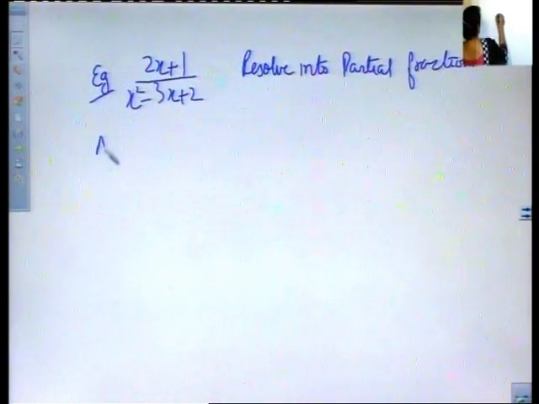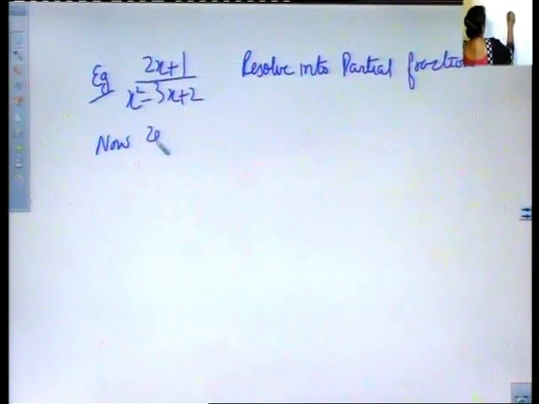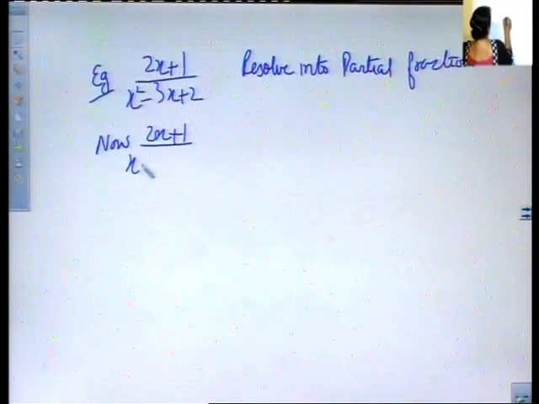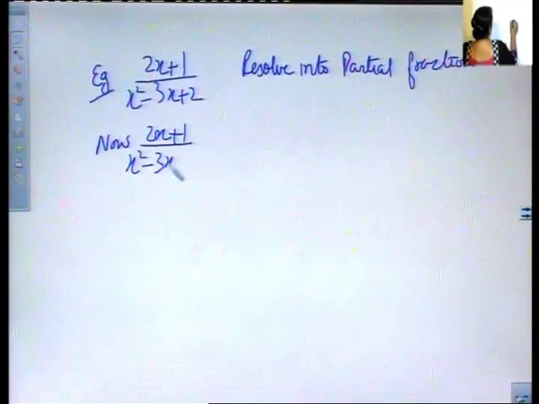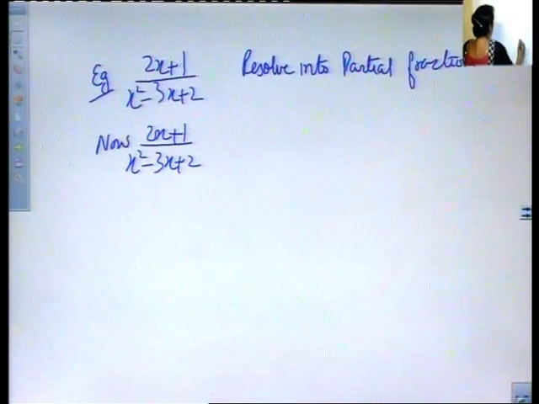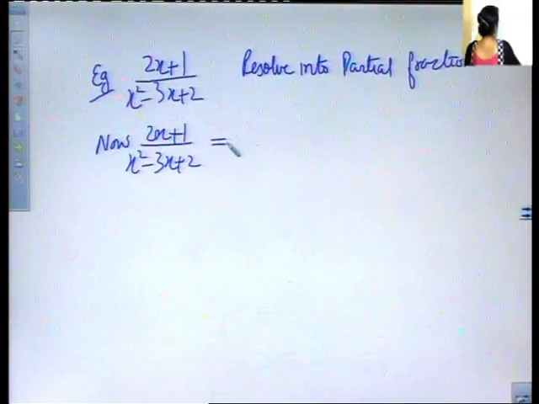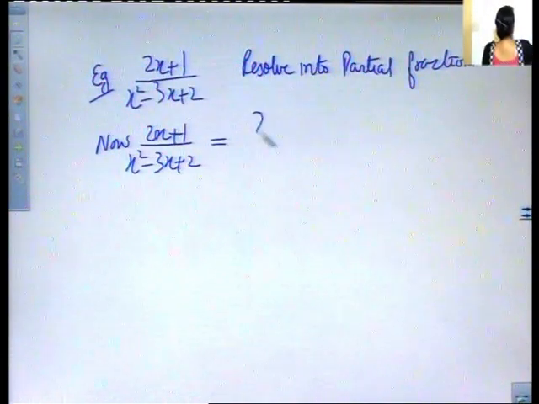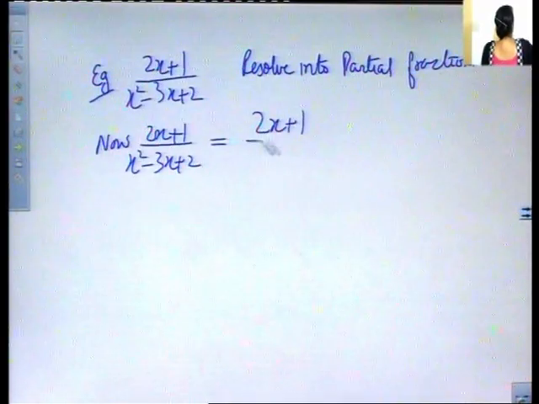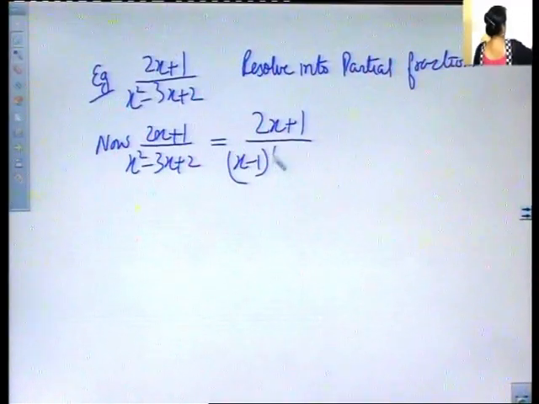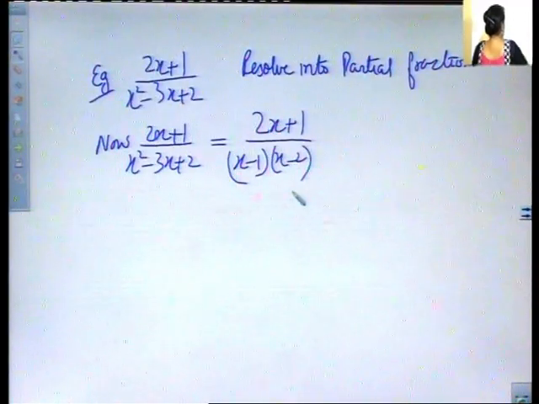Clearly this is a proper fraction. Now first of all we will make the factors of the denominator. Therefore x square minus 3x plus 2 is equal to (x minus 1)(x minus 2).